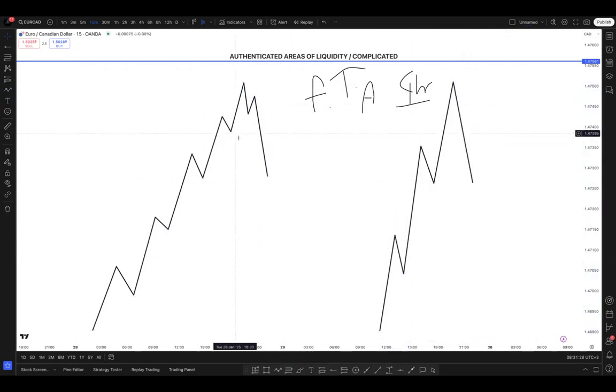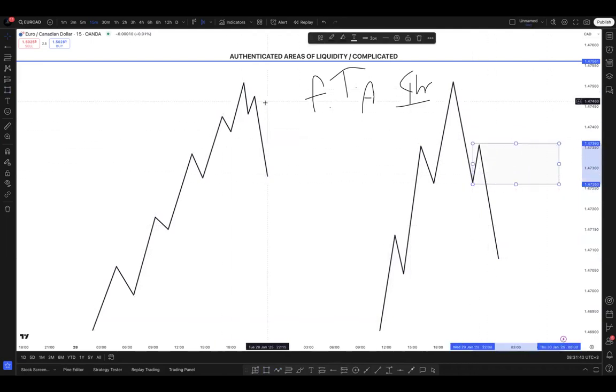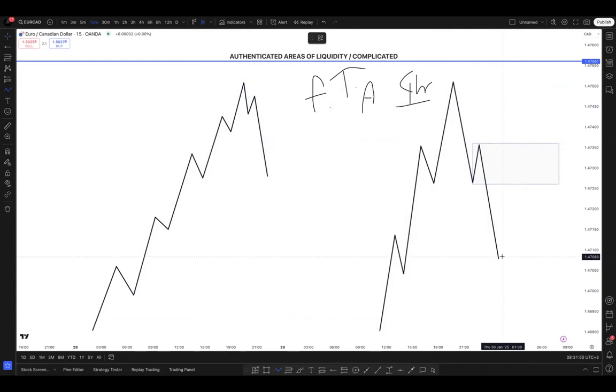Remember H1 shifted inside formation and it does this, respects here. This is your FTA time frame. Does this. Also, what do you do? You go with this one. You forget about this big guy because this guy speaks louder than the H1. This is your FTA time frame. Use the one for FTA.